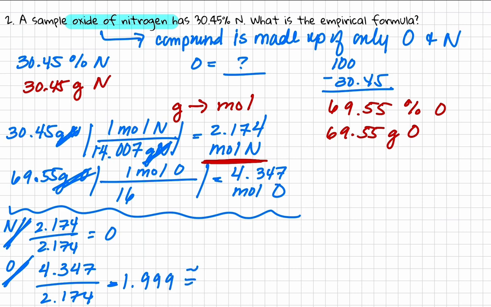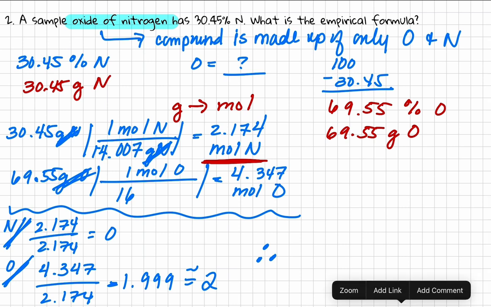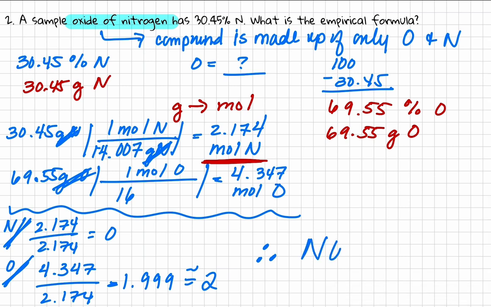That gives 1 for nitrogen and 1.999, which is approximate to 2, for oxygen. Therefore, the formula is NO2. Alrighty, guys, that's it for this video. I'll see y'all in the next. Hope this was helpful.